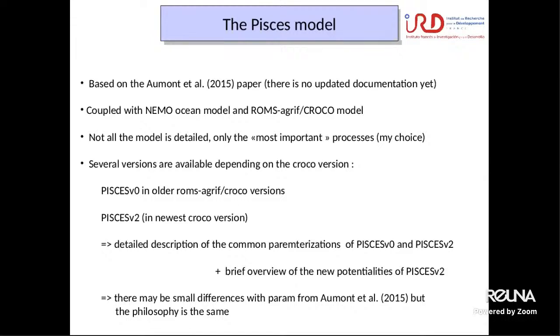At the level of detail that I'm going to give today, it's not very important to describe the differences, but there are differences. What I'm going to describe today are common parameterizations in PISCES v0 and PISCES v2. And then at the end of this hour, I will give a brief overview of the new potentialities of PISCES v2.